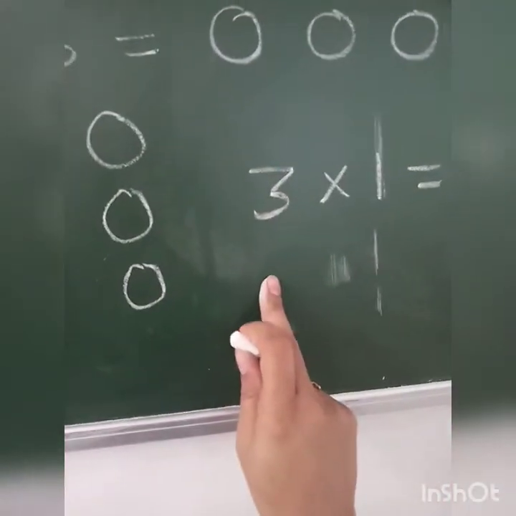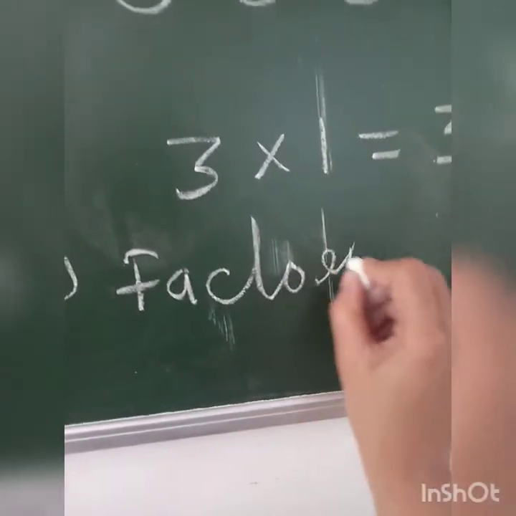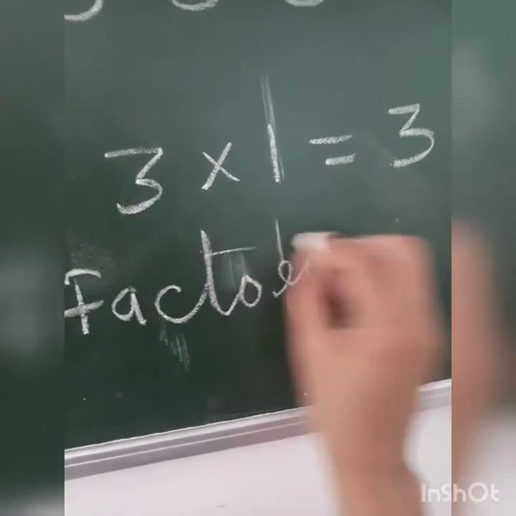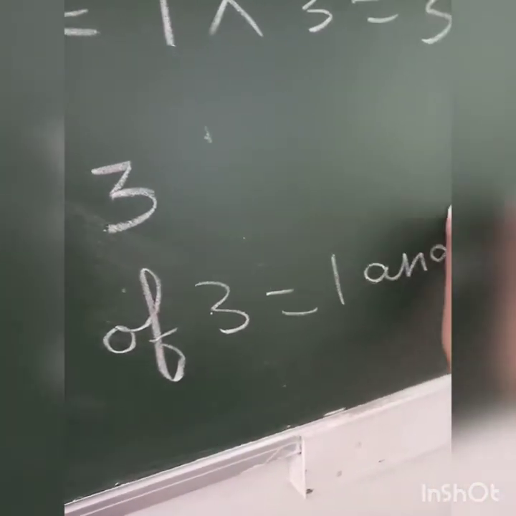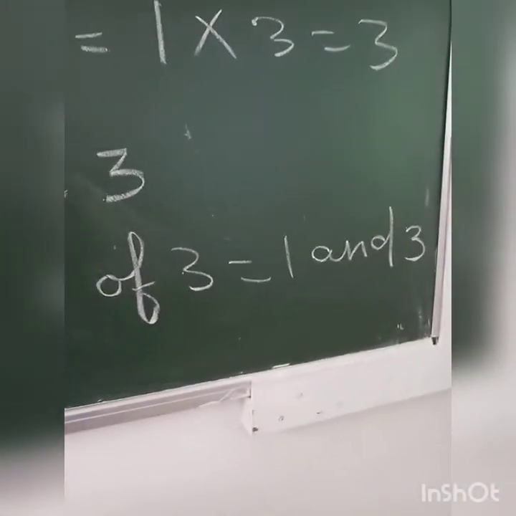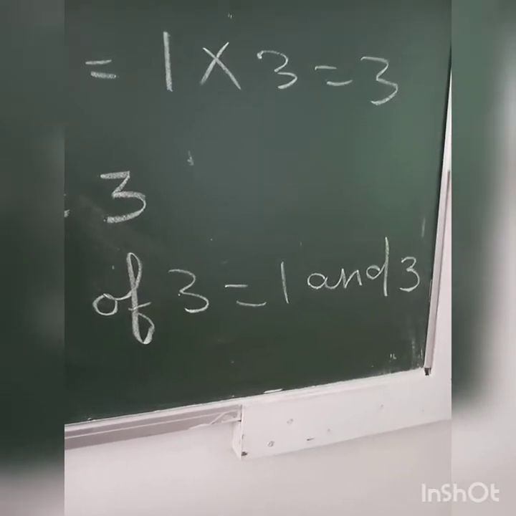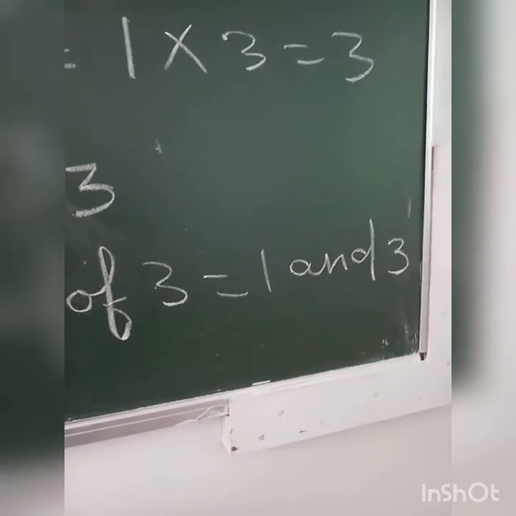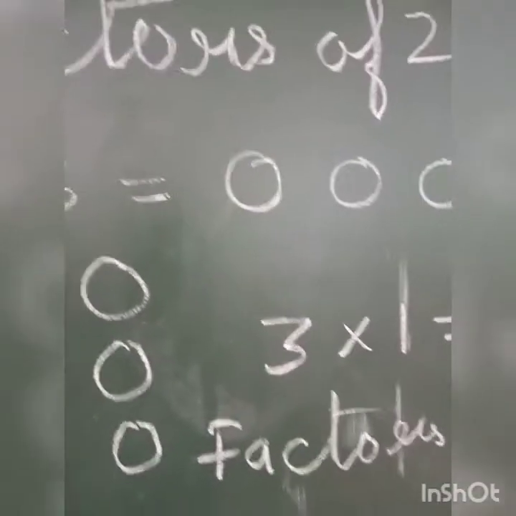So again we can write the factors of 3 are 1 and 3, right? So in this way 3 also has 2 factors, 1 and the number itself, which is 3. So 3 is also a prime number.